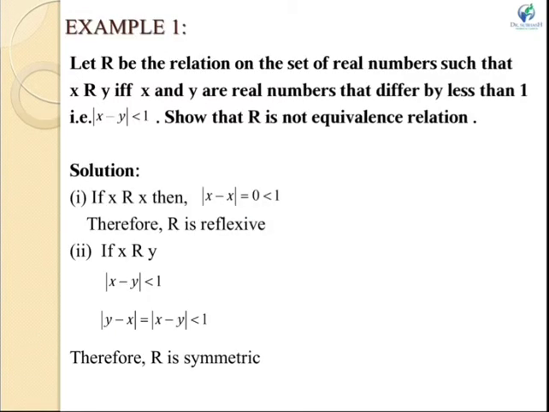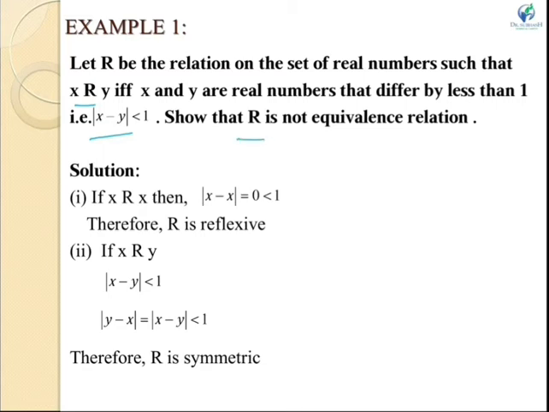Now let us take one example. Let R be the relation on the set of real numbers such that x R y if and only if x and y are real numbers that differ by less than 1. That means |x minus y| must be less than 1.